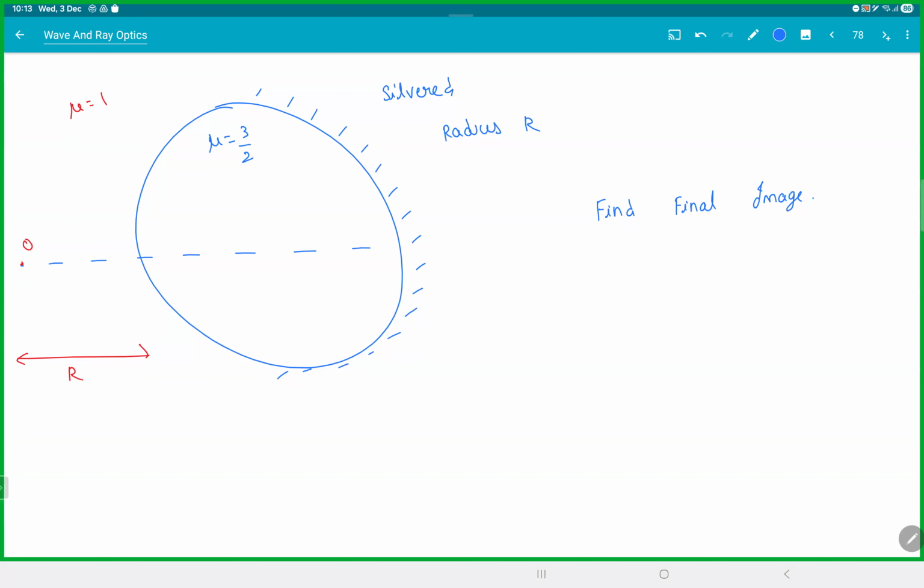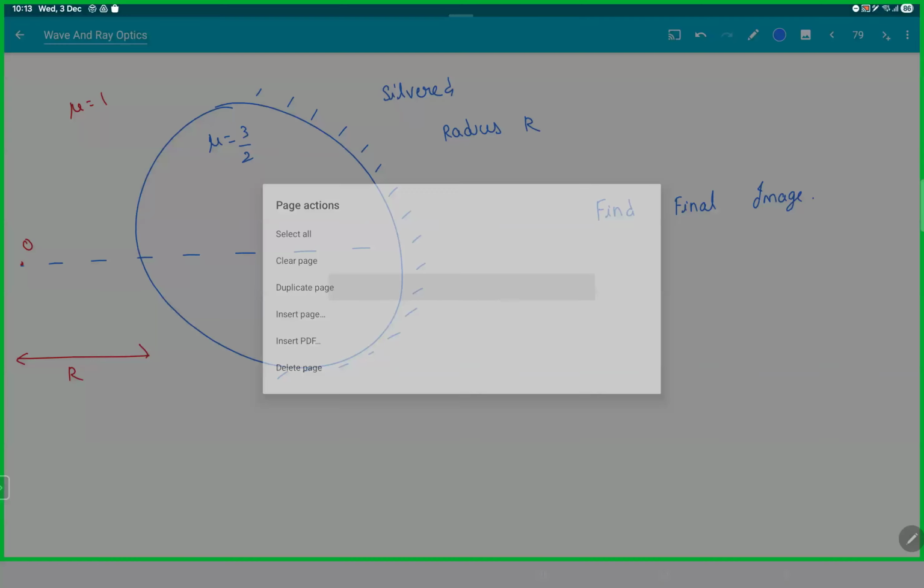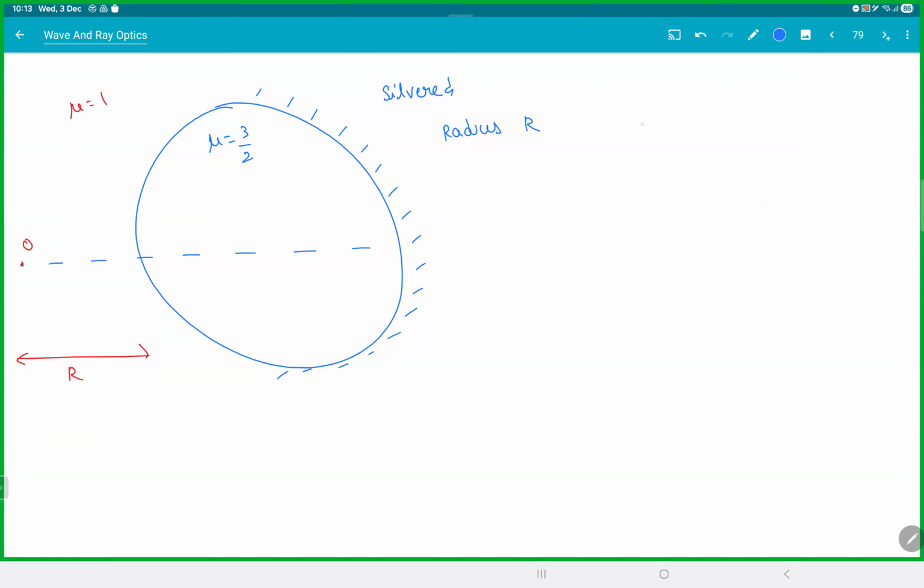A little lengthy. There's a little work. Hope you guys remember the refraction formula. So for the first refraction, mu2, what is mu2? The refracted medium.